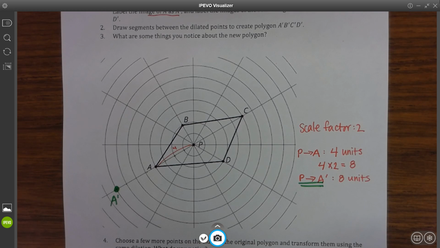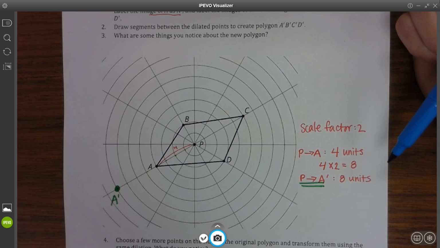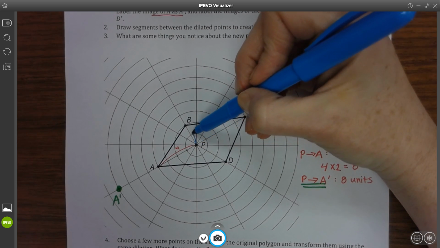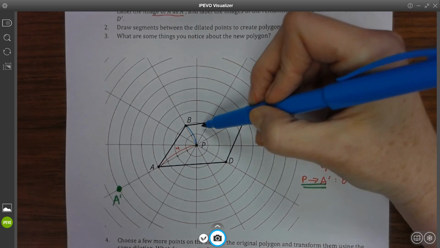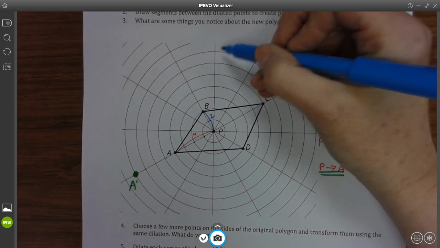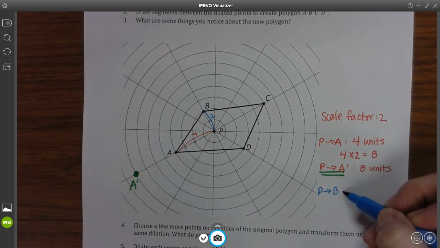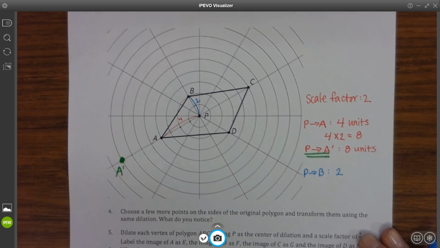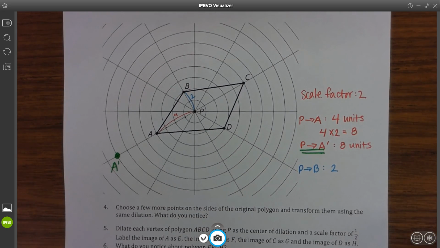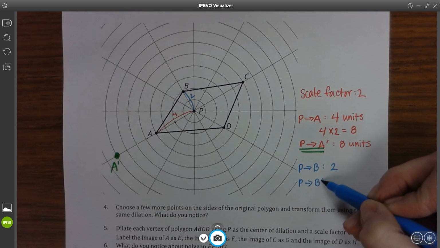Okay, let's look at B. So from P to B is 1, 2 units. So P to B is 2 units, right? So now I need P to B prime.